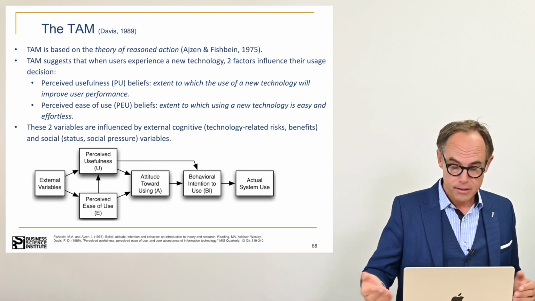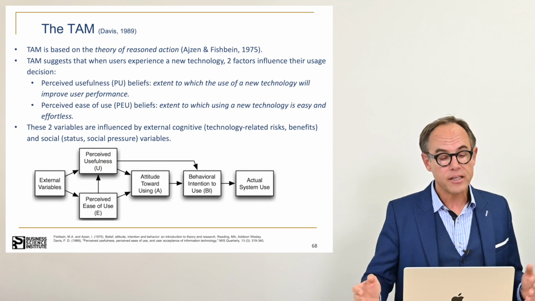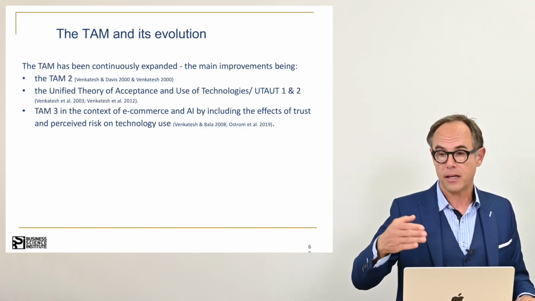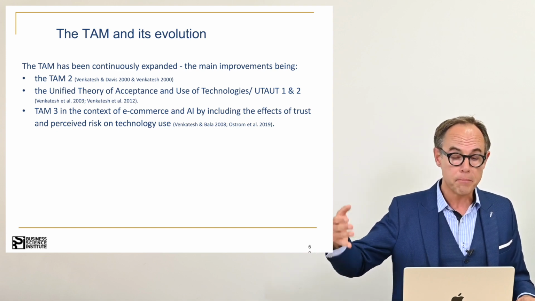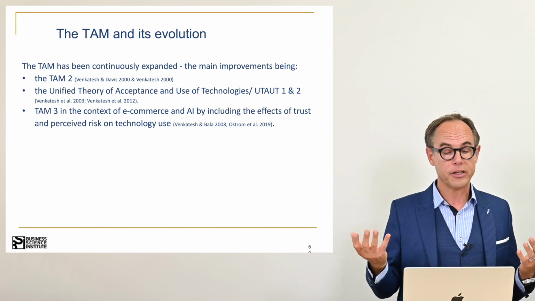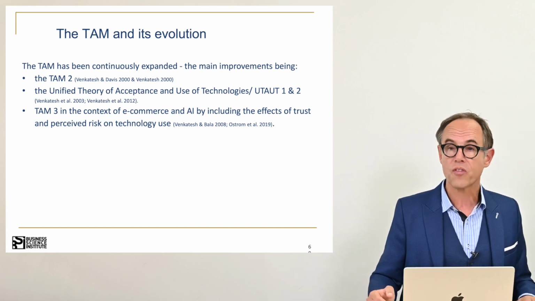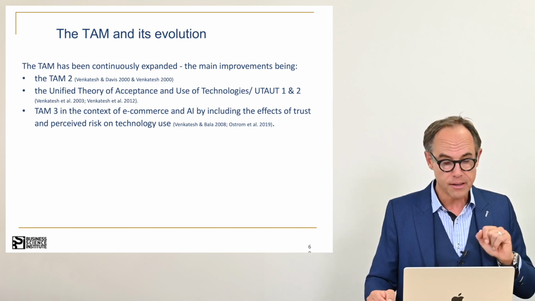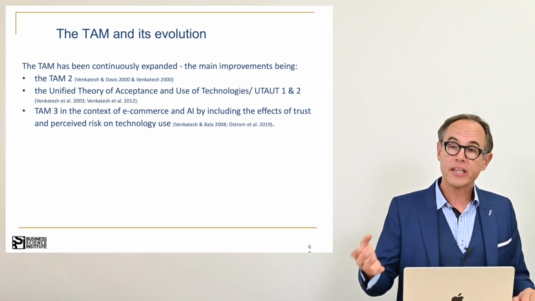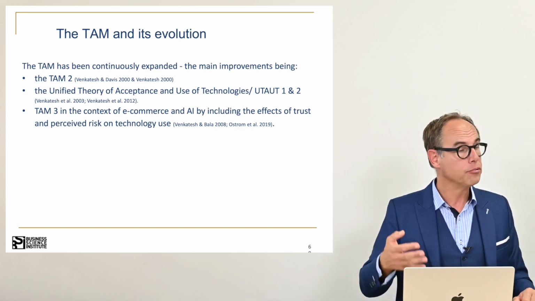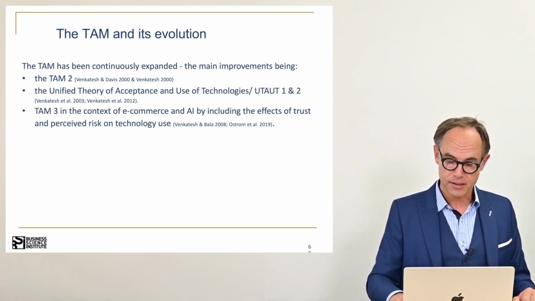But as we are almost 50 years later, the TAM evolved and was adapted to different technologies and improved through TAM 2 and above all the unified theory of acceptance and use of technology, UTAUT 1 and 2, which we'll see in detail in a moment, because they take into account other more recent variables due to the changing technology context.